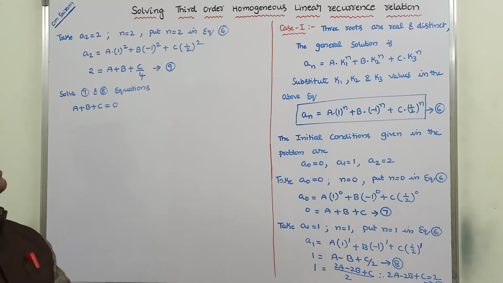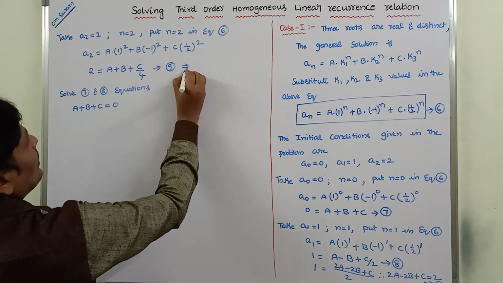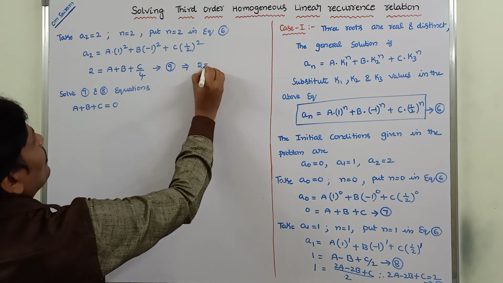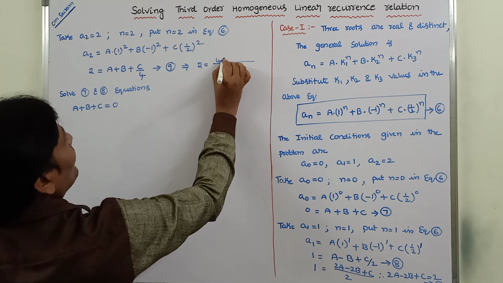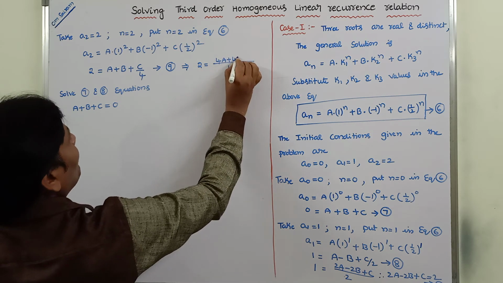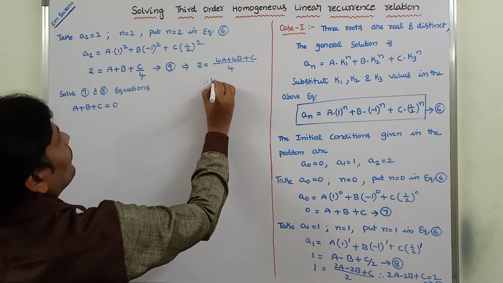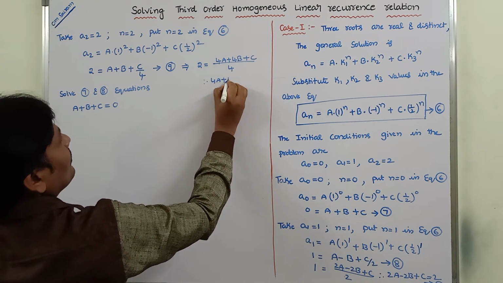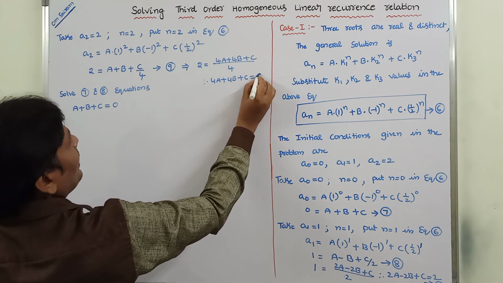Okay. We are taking the LCM. In the same way, this equation becomes 2 is equal to, so 4 is the LCM, that is 4A plus 4B plus C. So therefore 4A plus 4B plus C is equal to 8.